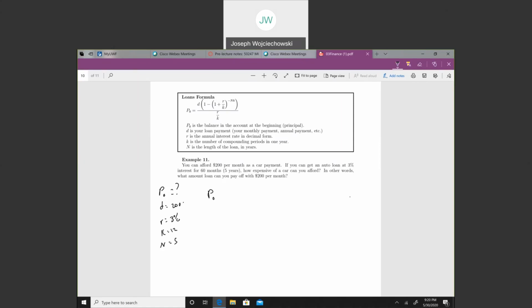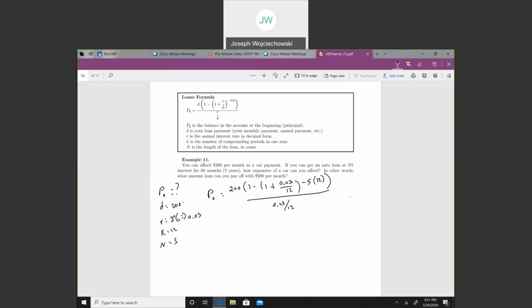So our principal amount is equal to D, which is 200, times 1 minus 1 plus R, which is 0.03, over K, which is 12, to the negative N, which is 5, times K, which is 12, all over R, 0.03 divided by K, 12. So 0.03 divided by 12.